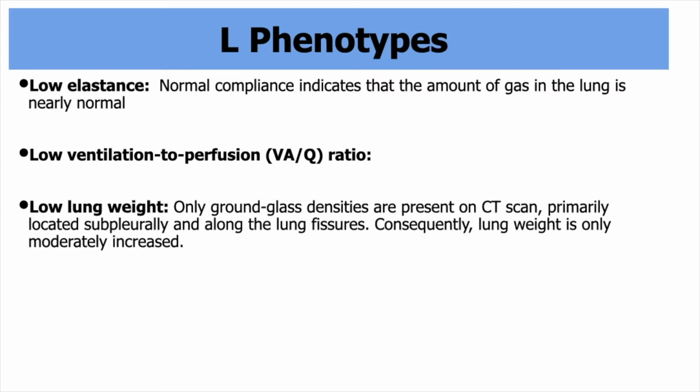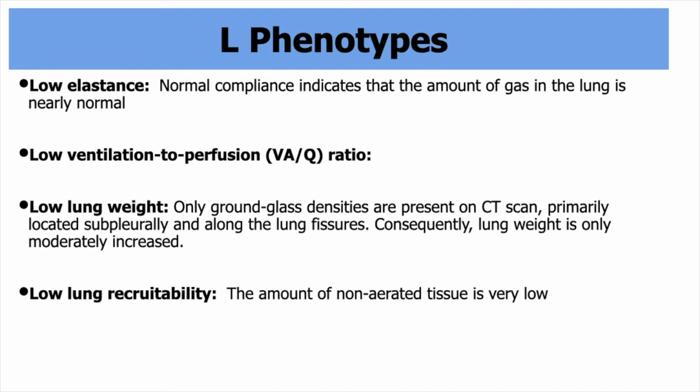Only ground glass densities are present in the CT scans, primarily in the subpleural region and along the lung fissures. Consequently, the lung weight is only moderately increased. Last but not the least is that the lung has low recruitability. The amount of non-aerated tissue is very low, so the amount that can be recruited is also very low.